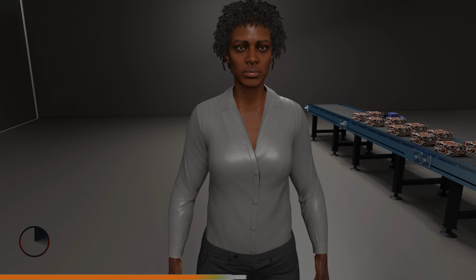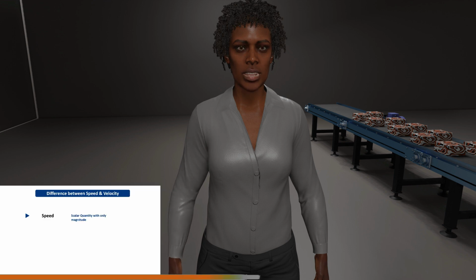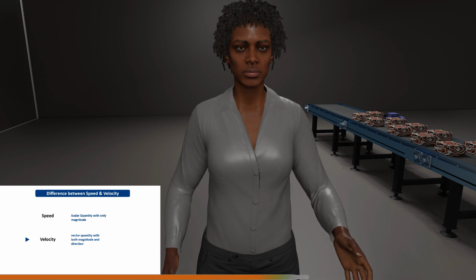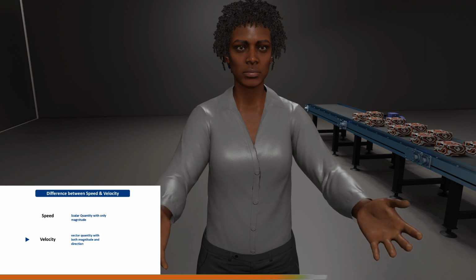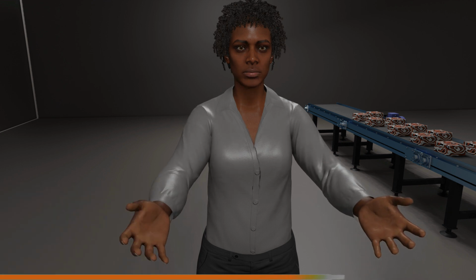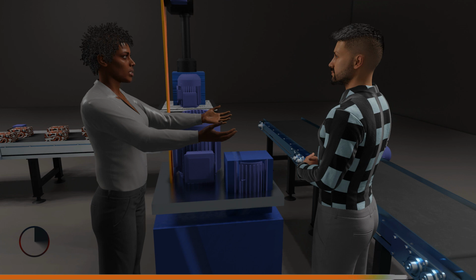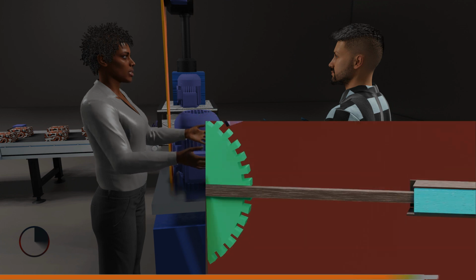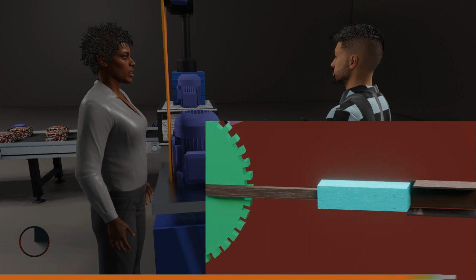That said, speed can also be called a scalar quantity with only magnitude, while velocity is a vector quantity with both magnitude and direction. It is important that speed and velocity are explained, because people tend to look at motion in terms of speed. But in our case here, we are looking at it in terms of velocity, because we are dealing with a linear motion that moves in predefined paths.